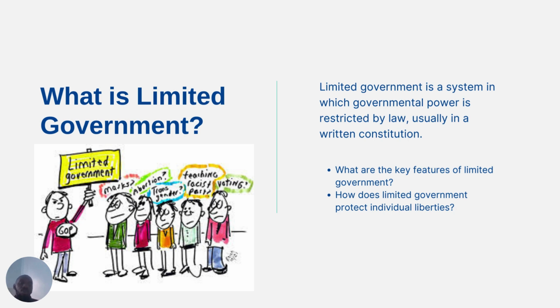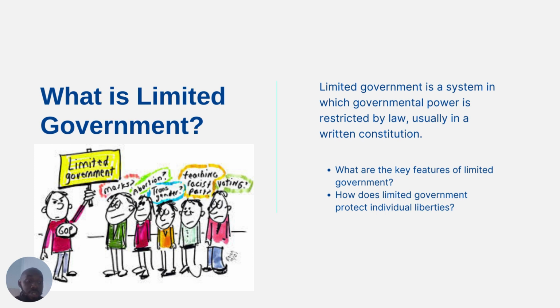Now, mentioning Africa, we have witnessed instances where governments have overstepped their bounds, leading to infringements on basic rights and freedoms. And most of the time, there's been a lot of outcry. People have protested. There have been demonstrations, whether virtual protests or actual ones.